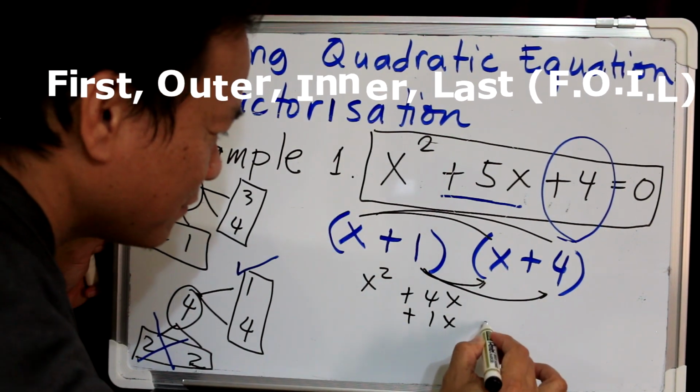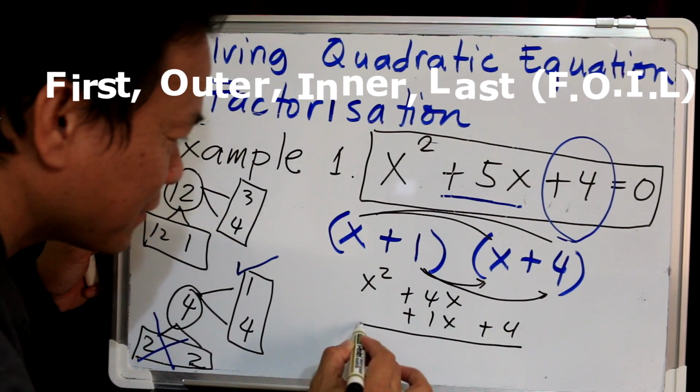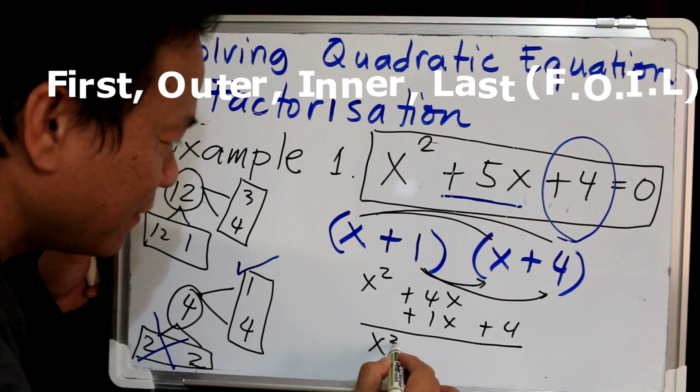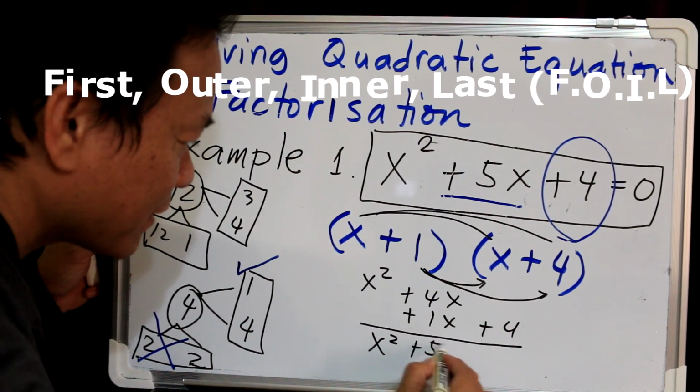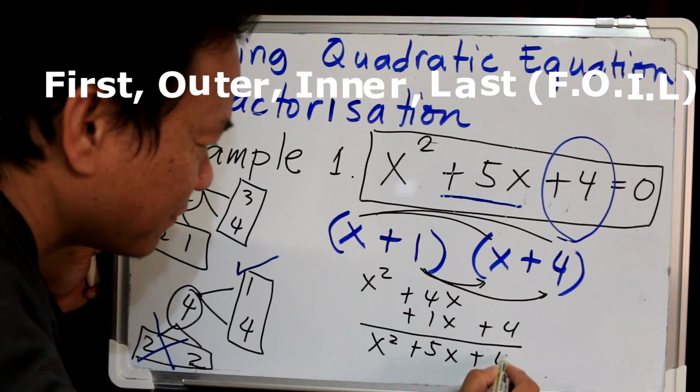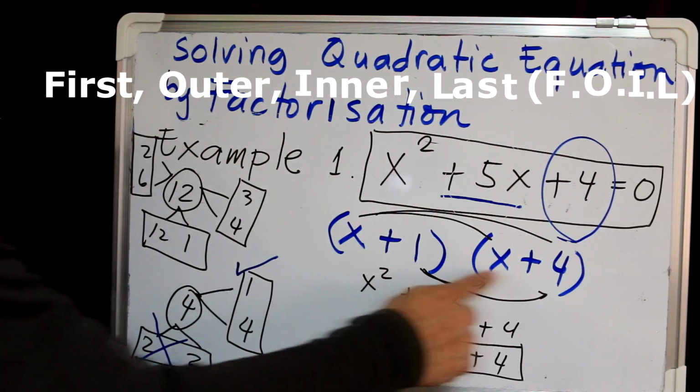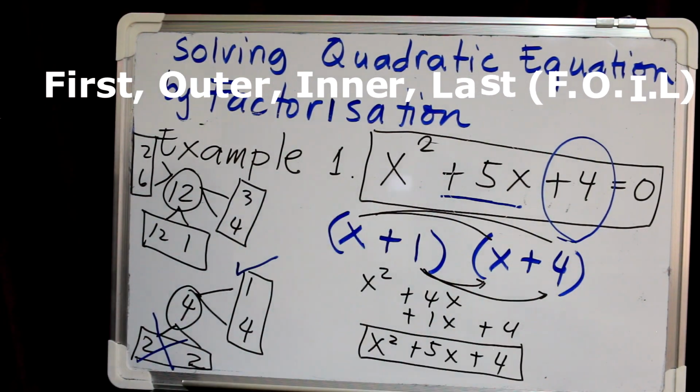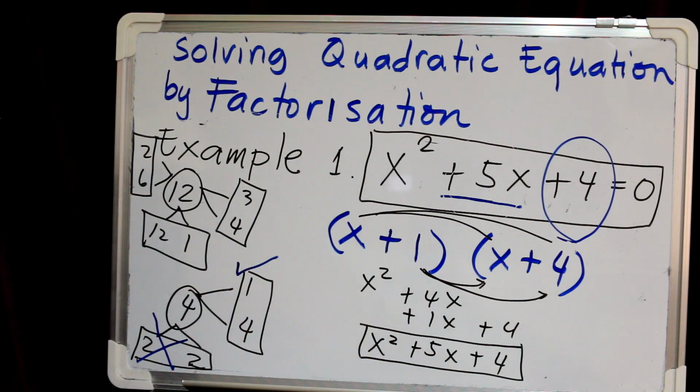And you have plus 4. Alright, so you have x squared plus 5x plus 4. So this right here is the factor of this one, okay, of the quadratic equation.